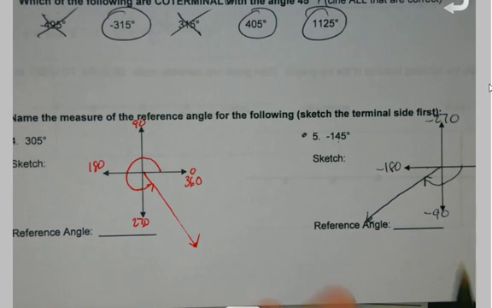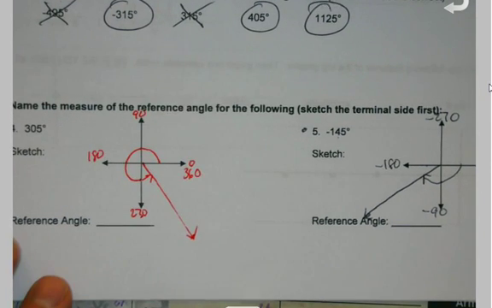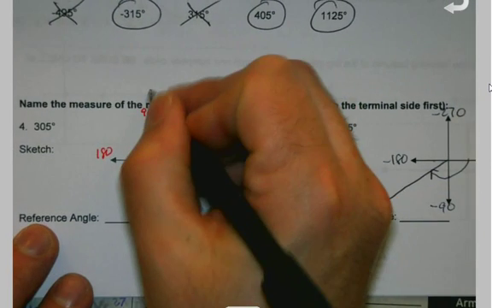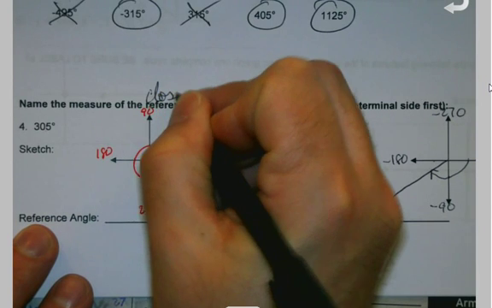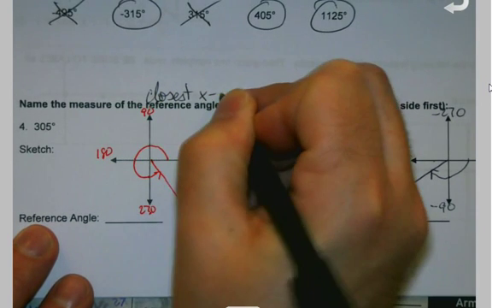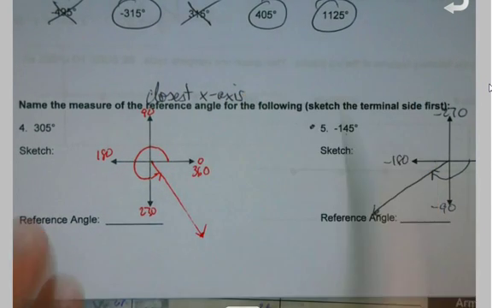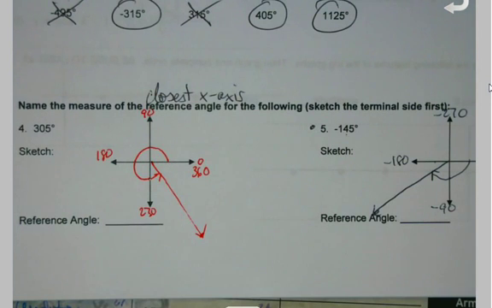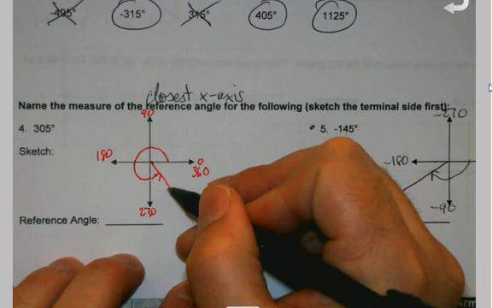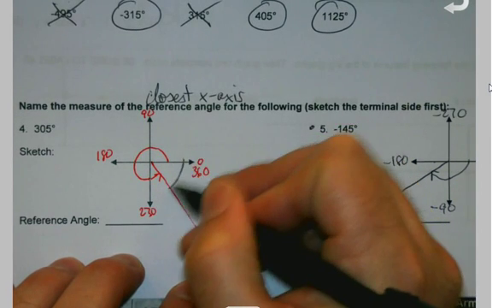So let's get back to this whole idea of a reference angle, though. Okay, reference angles. Reminder on what those are. It's me trying to get back to the closest part of the x-axis that I can get to. So for instance, on number 4, the closest x-axis would be this area right here.